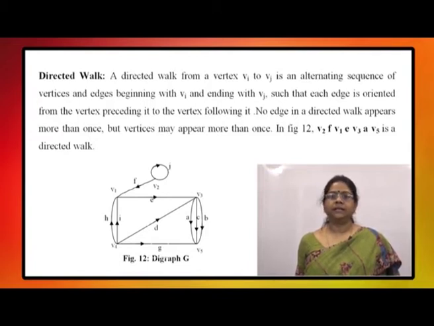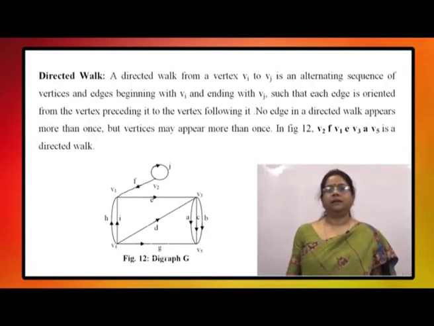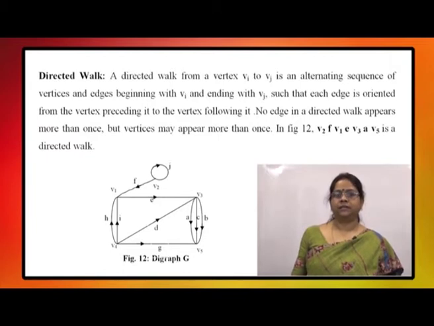So it is a directed walk. And in a walk, if this does not happen, if some edge is oriented in the opposite direction, then that will not be a directed walk.